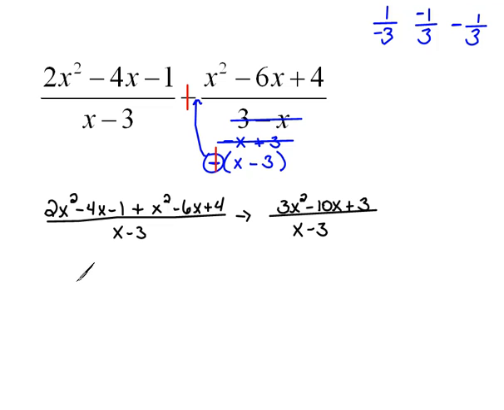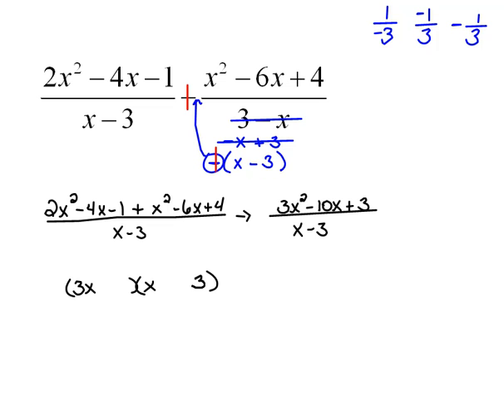So let's try and factor that numerator. I'm going to drop down here so I can do that. 3x squared can only break up into 3x times x. And 3 can only break up into 1 times 3 also. But I want a 10 in the middle.